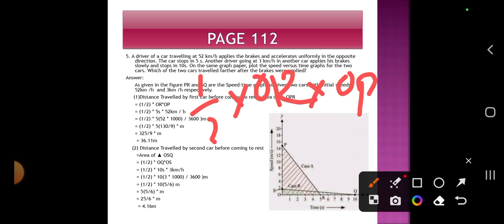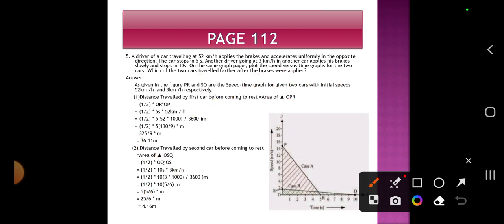Okay, so what is the data we have? We have OR is 5 seconds, because it's the time which is given, and OP which is given to us is 52 kilometer per hour.